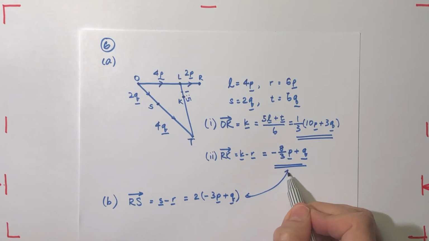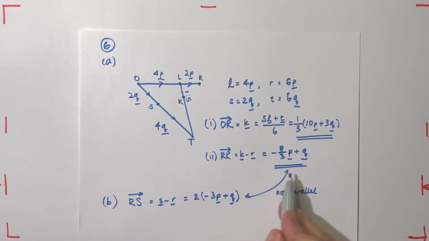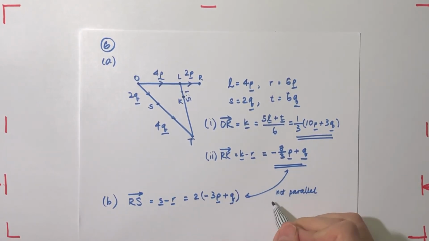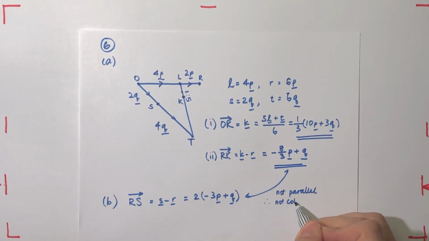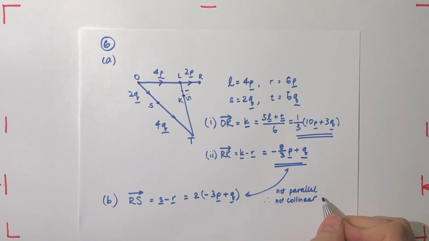So we can conclude that these are not parallel. And because both of these vectors go through R, they are not collinear, meaning the three points R, K, and S are not in the same line.